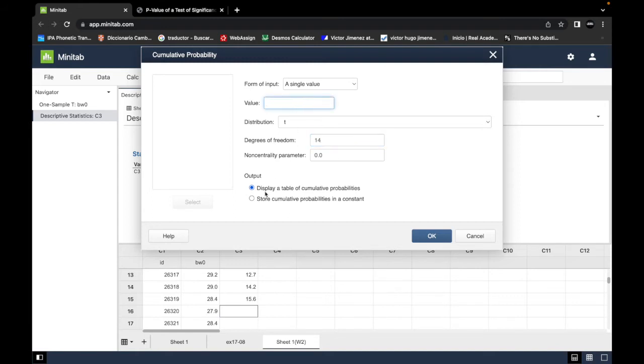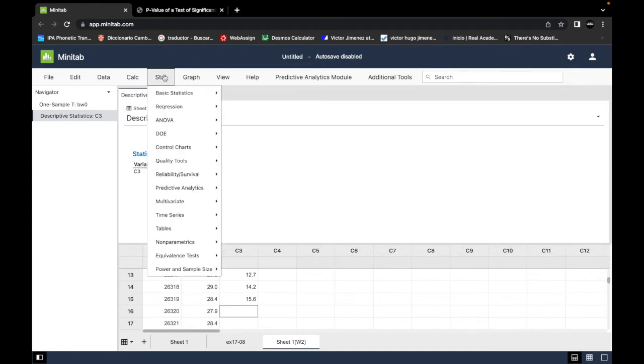The value we want is in a table of cumulative probabilities. No, I'm sorry, it should be this one.